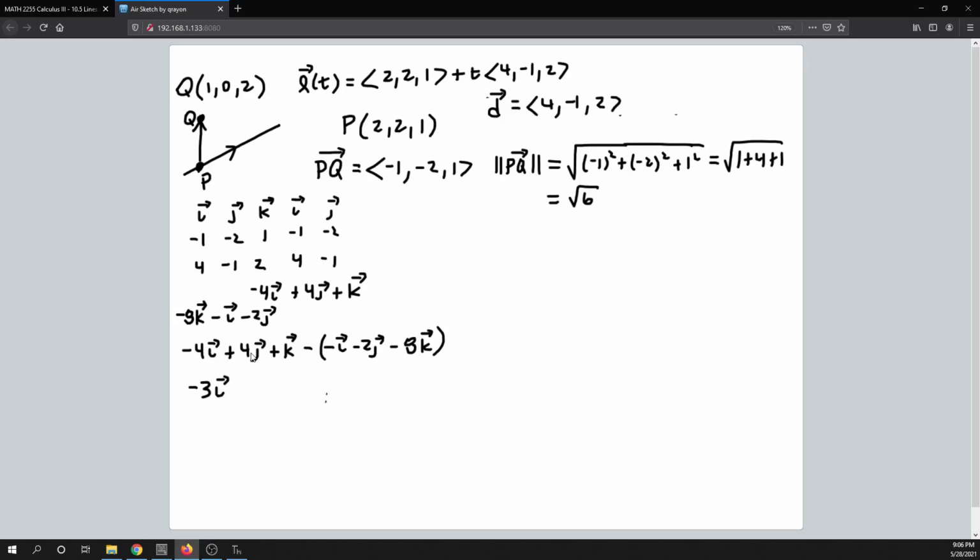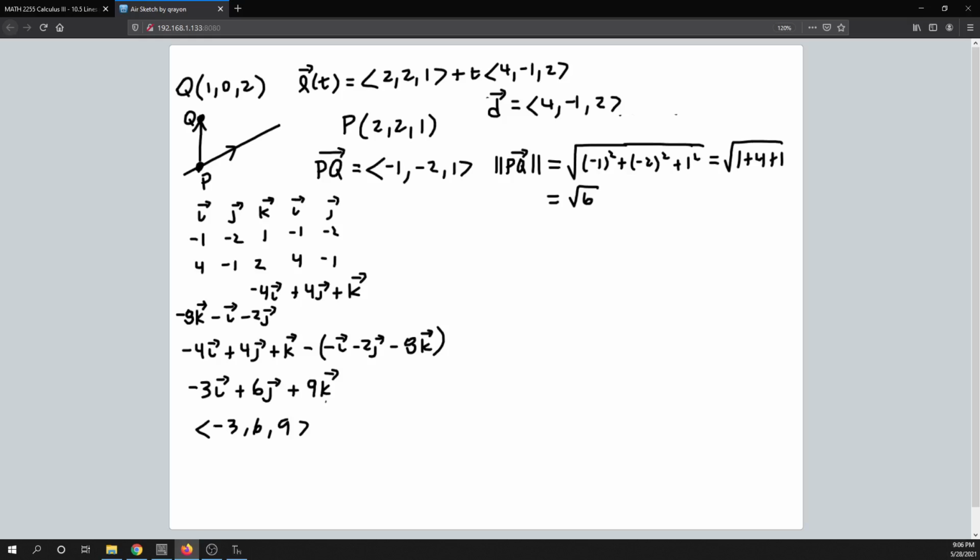And then 4j minus a negative 2j, so that's going to be plus 6j. And then k minus a negative 8, that's going to be plus 9k. There. All right, so we get minus 3, 6, and 9 for the cross product.